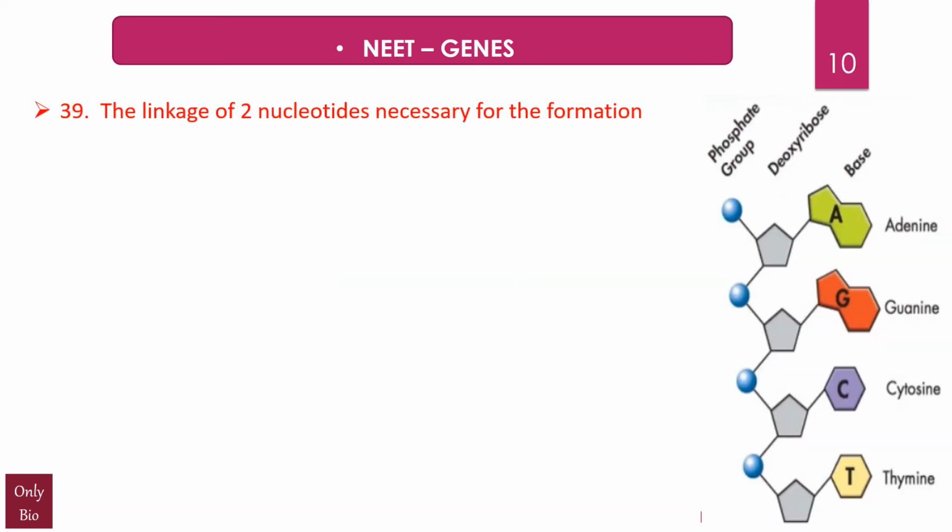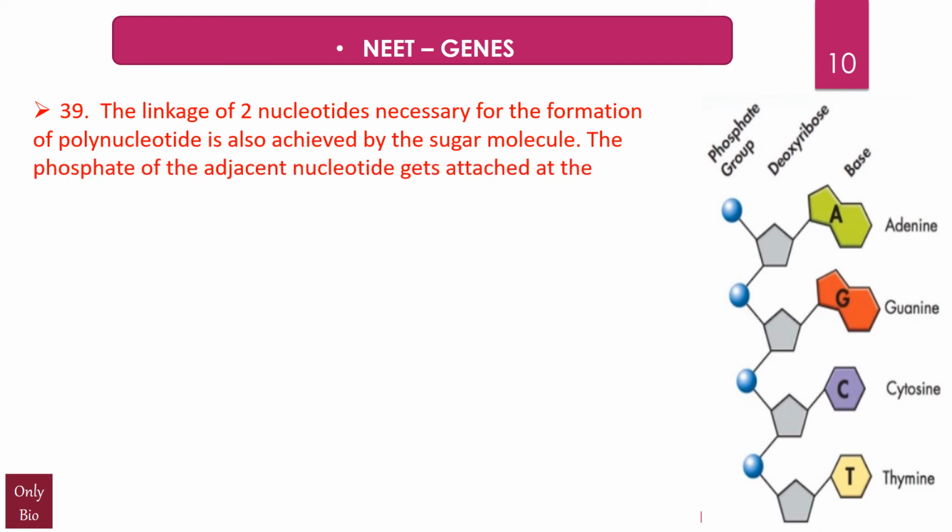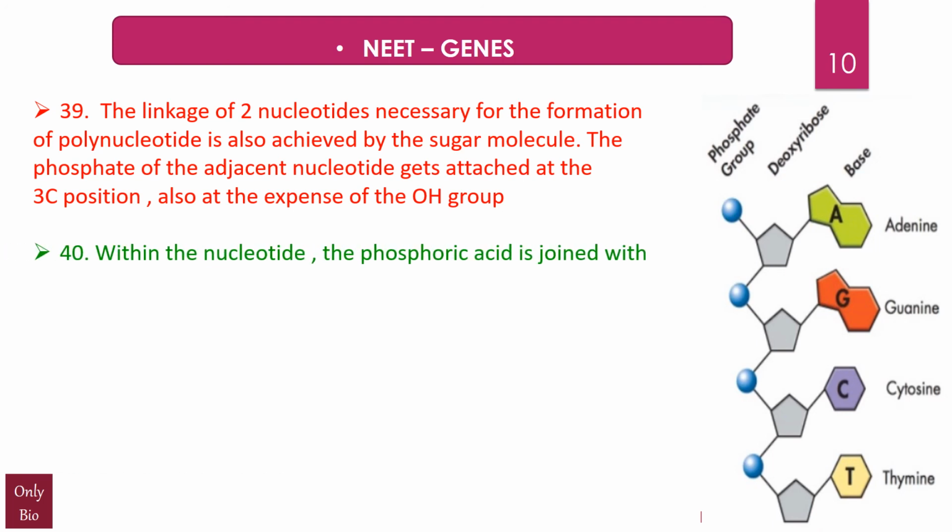Point number 39. The linkage of 2 nucleotides is necessary for the formation of a polynucleotide, and it is also achieved by the sugar molecule. The phosphate of the adjacent nucleotide gets attached at the 3rd carbon position, also at the expense of the OH group. On the right hand side of the screen, you can easily see one of the strands being drawn. Point number 40.